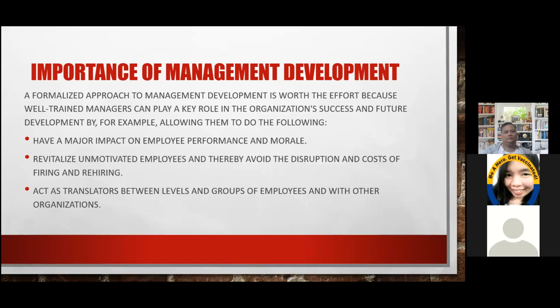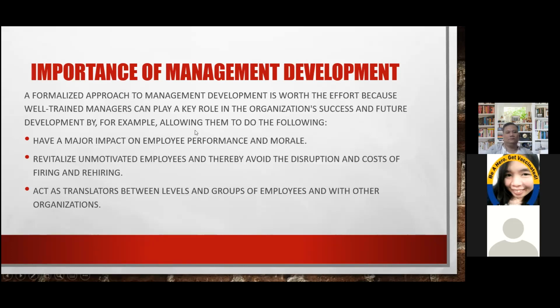Dito po sa management development, nagtitrain sila ng mga future managers. Sabi nga po doon sa isang seminar na inattendan namin, a good leader is not a leader if they cannot produce new leaders.